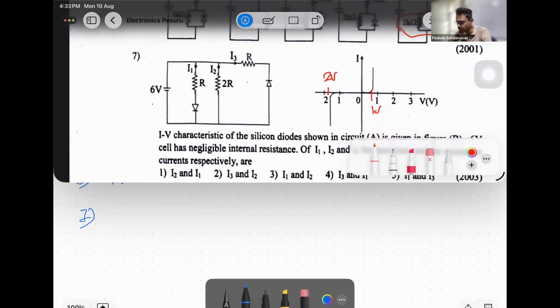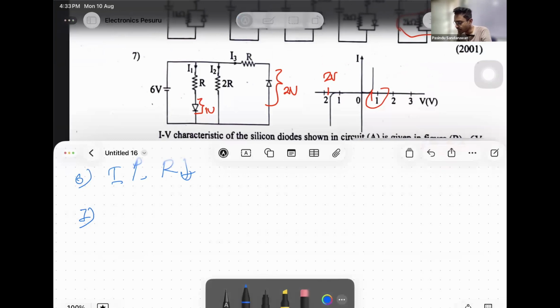Then when this diode is forward biased, this keeps 1 volt across it. When this diode is reverse biased, it keeps its reverse breakdown voltage, 2 volts, across it. Okay, then we can find I1, I2, I3 by applying delta V equals IR for these resistors.